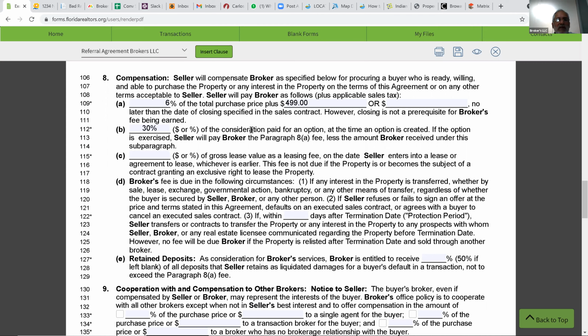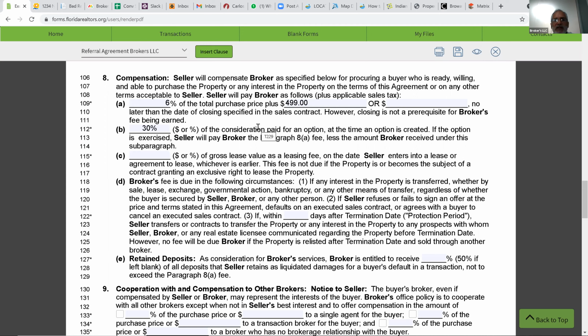So when a tenant contracts to rent a property from a landlord, and they get the option to purchase the property within any amount of time, most of the time 12 months after the lease ends, this tenant has to give consideration to the seller.